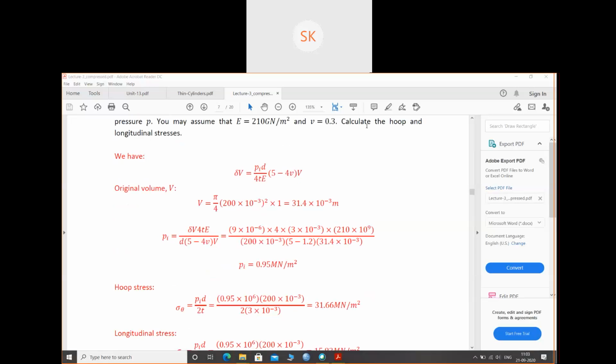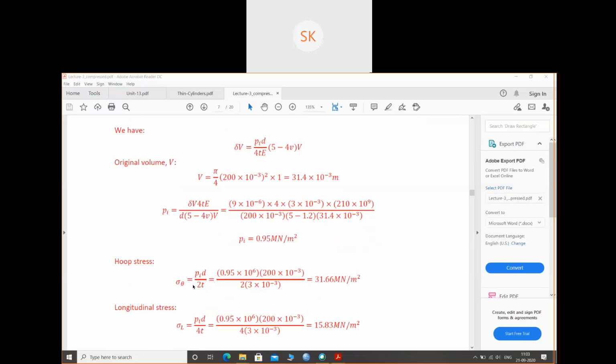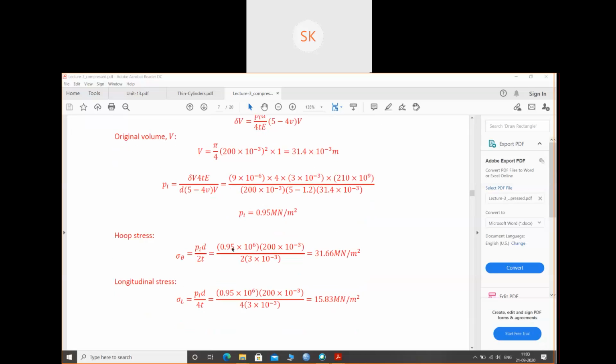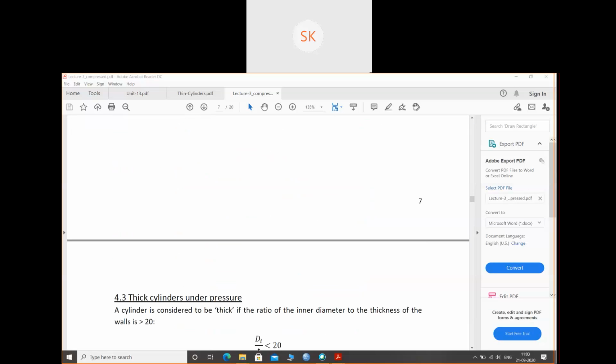So first see what values they are asking for. Suppose they have asked you to find hoop stress and longitudinal stress. For those two values, what do you need? D and T are given to you, you need Pi. So find Pi from the values given to you. After finding Pi, you can find hoop stress and longitudinal stress easily.